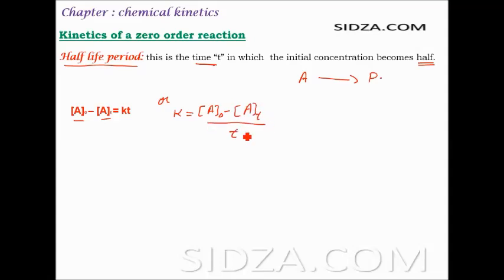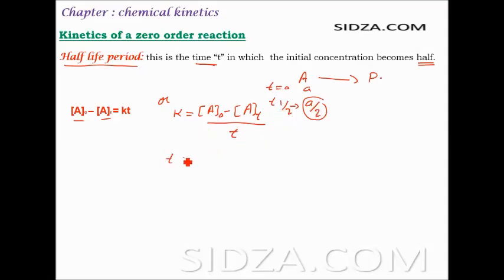Let's suppose we start the reaction with A moles of A, and when the time is t half, how much of the initial concentration will be left? That will be A by 2. So this is the concentration left after the half-life period. When I put the same values here, I can find the t half.